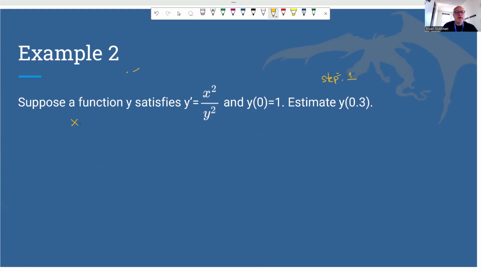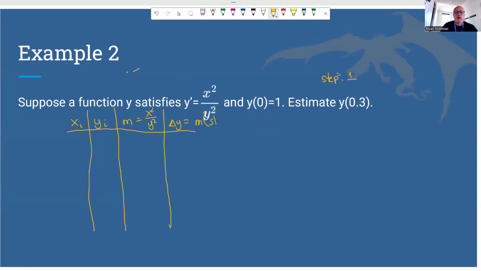So I'm going to be methodical and make a chart that keeps track of my current value of x, my current value of y, my slope, which in this case is x squared divided by y squared, and then my change in y, which is my slope times my step size, 0.1.